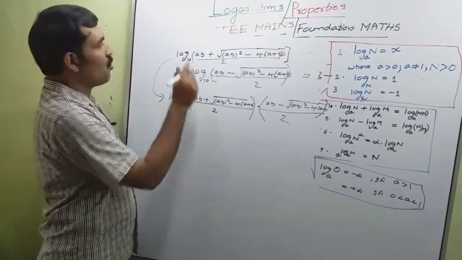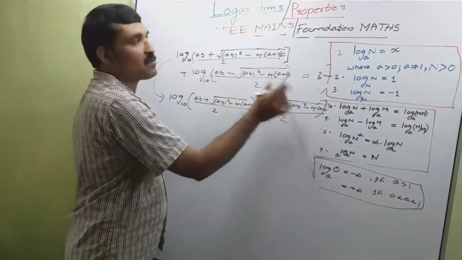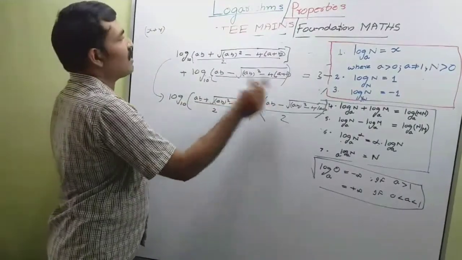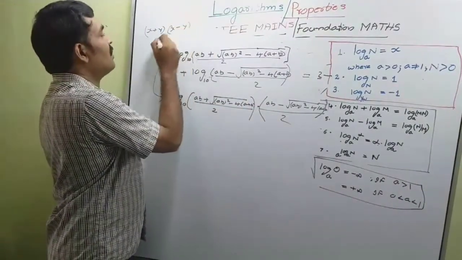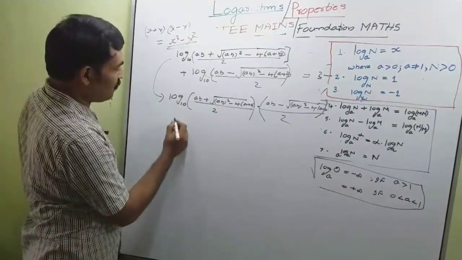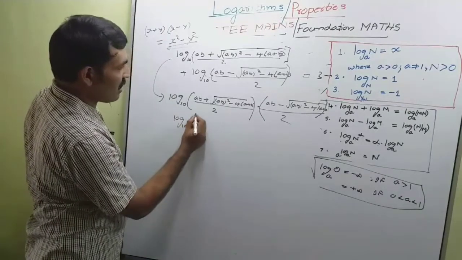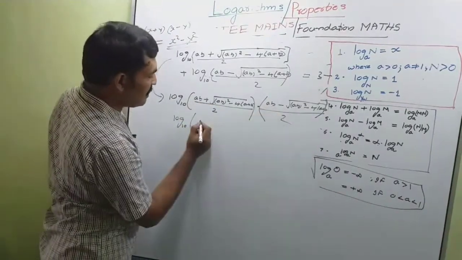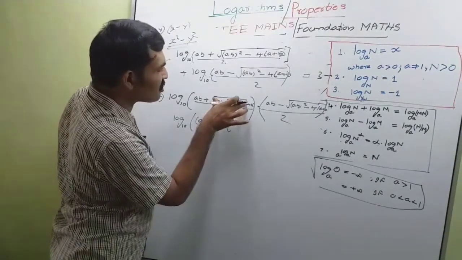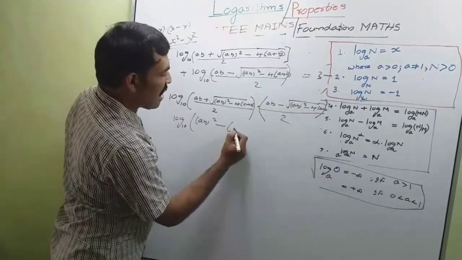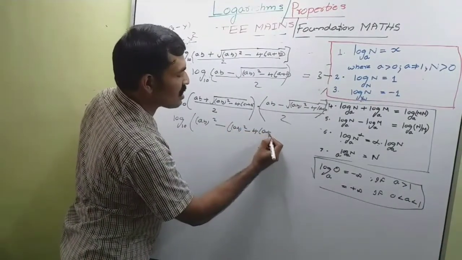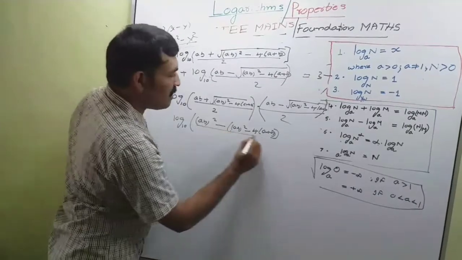So this is in the form (x plus y) into (x minus y). That is equal to x square minus y square. So this becomes log base 10 of (ab) into (ab), that is (ab) square minus this term into this term, that is (ab) square minus 4 times (a plus b) by 4.